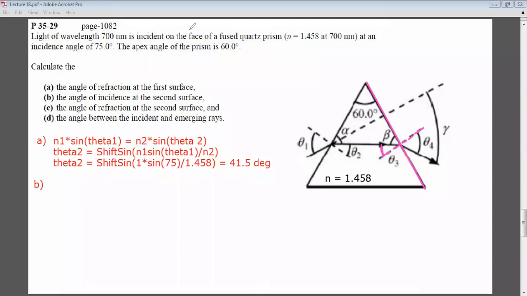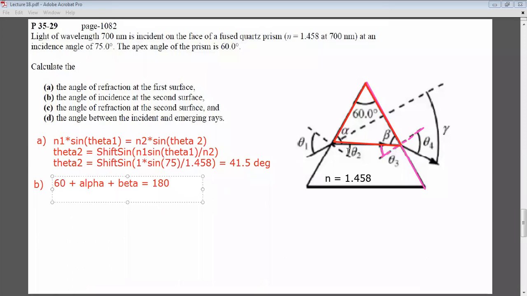We need to first look at this triangle over here. The sum of the three angles, that is 60 plus alpha plus beta, is equal to 180. How much is alpha?